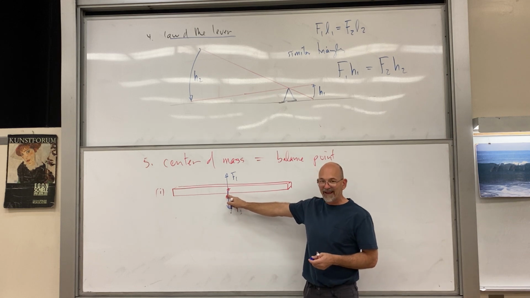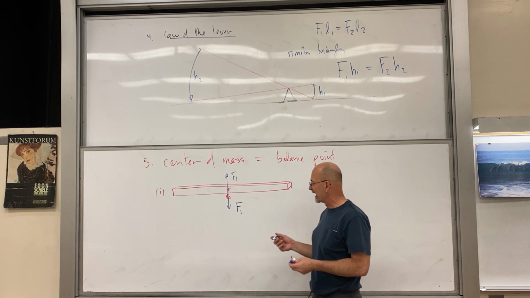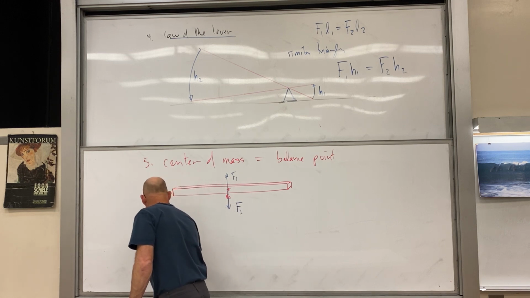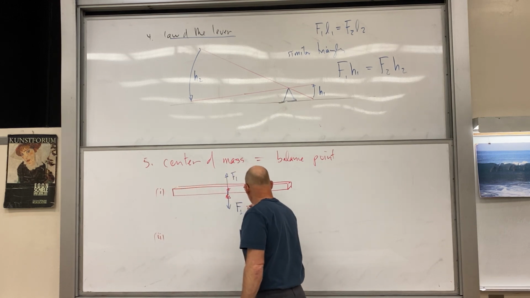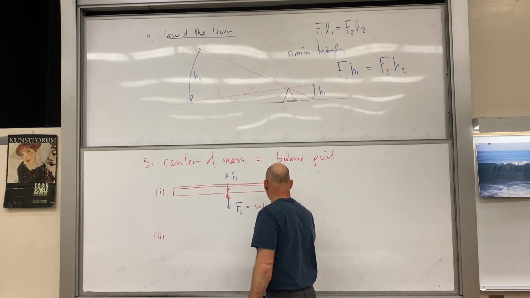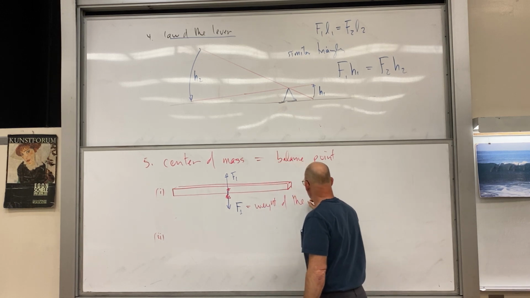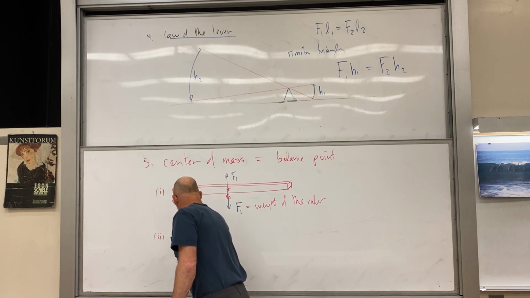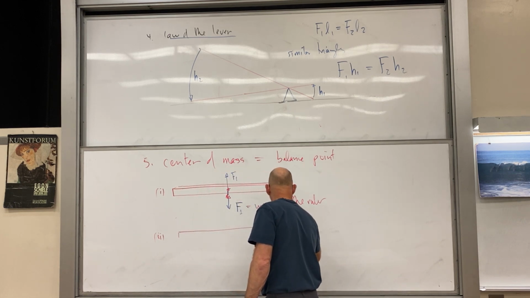Again, that's just the weight of it as you feel it in your hand. So F sub 1 is equal to the weight of the ruler.